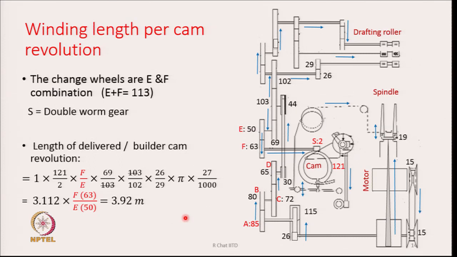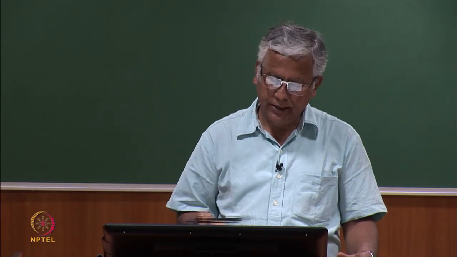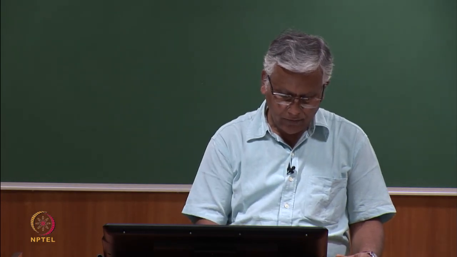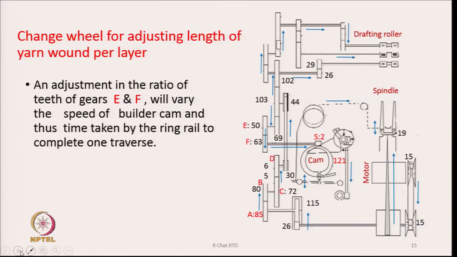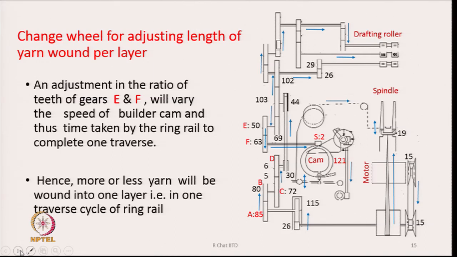That means, in this case, that is the length of yarn which will be delivered for one complete up and forward journey of the building motion. And the gears which will help me in changing this length is the gear combination E and F. So, adjustment in the ratio of teeth of gears E and F will vary the speed of the builder cam, and thus the time taken by the ring rail to complete one traverse, because the actual drive comes from the motor through this set of gears to the builder cam.